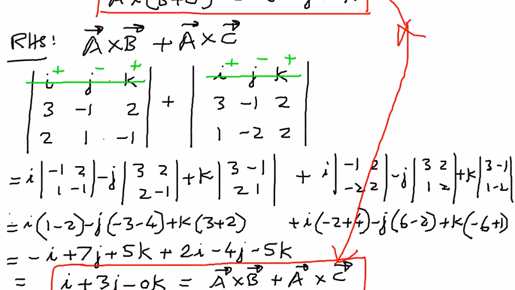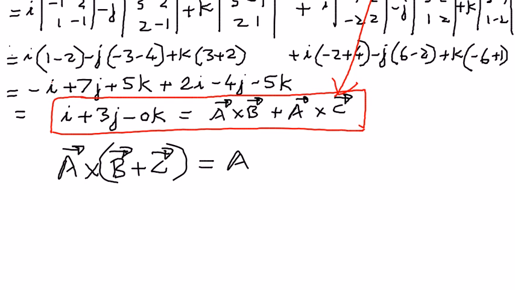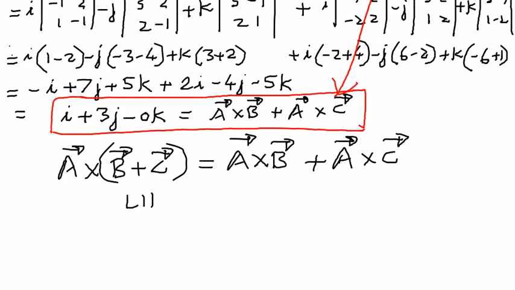Therefore we can come back here and then state that vector A cross vector B plus vector C within parentheses is equal to vector A cross vector B plus vector A cross vector C. Therefore, the left hand side is exactly equal to the right hand side, and therefore this property is true for the cross product using determinants.